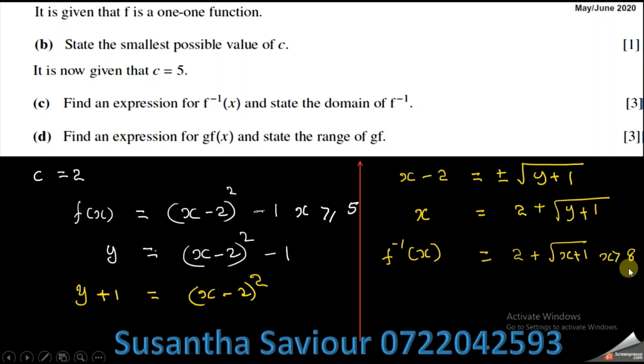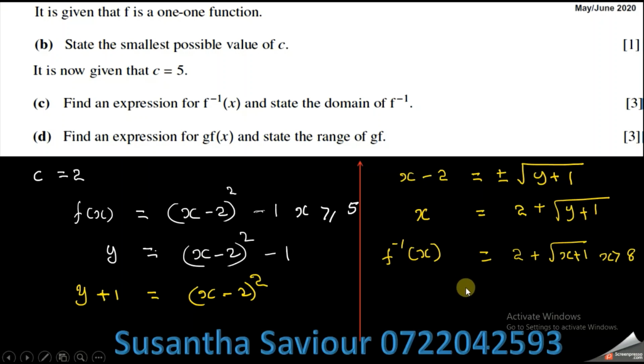Now this is important. This is a trap, because when you see this, if you are a child who has by-hearted the thing, you just take x is greater than or equal to minus 1. But in this case, it depends on the range of this one. Okay, so that is a very important understanding you should have. I told you present day examiners are checking strictly whether you have understood these concepts.